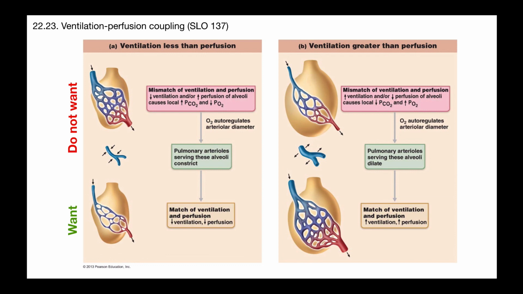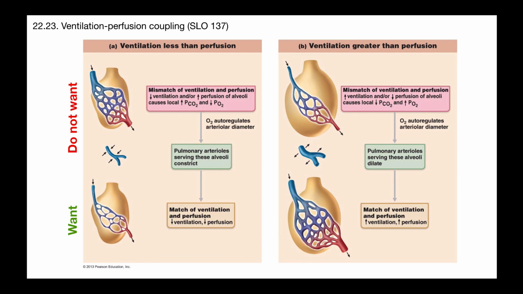Back when we were learning the autoregulatory mechanisms of blood pressure, high amounts of oxygen cause blood vessels to constrict. In this case, low amounts of oxygen are going to make them constrict.